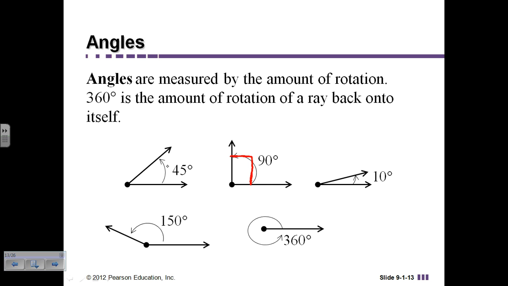So a 45-degree angle is just about half of this 90-degree angle. Then we have a 10-degree angle, which means how much it's rotating from that straight line. We have a 150-degree angle, and then this one, you wouldn't know unless I told you, is a 360-degree angle.